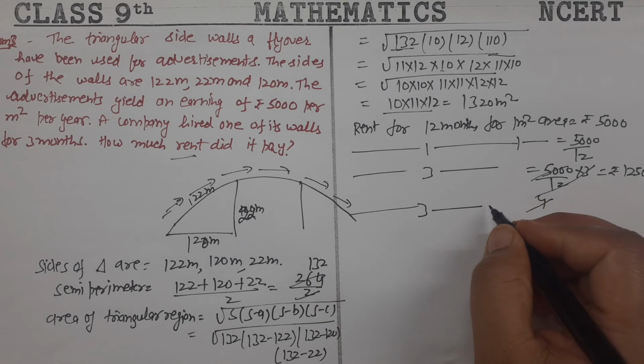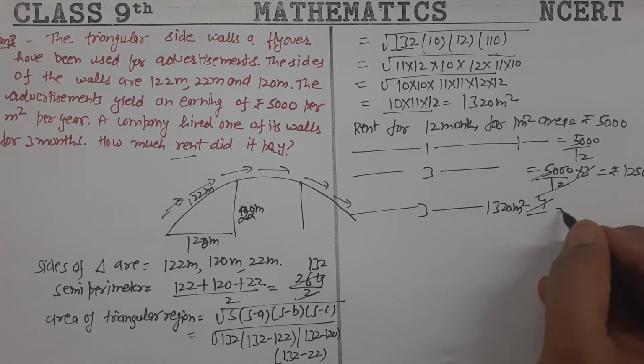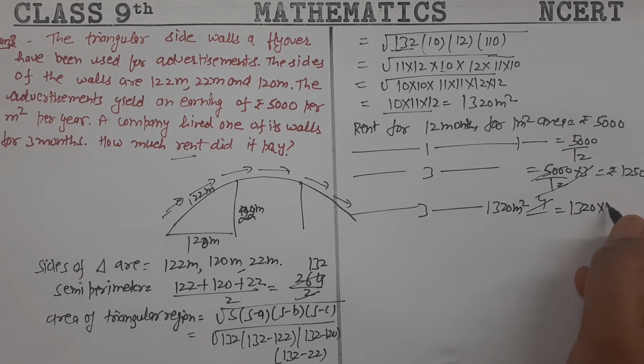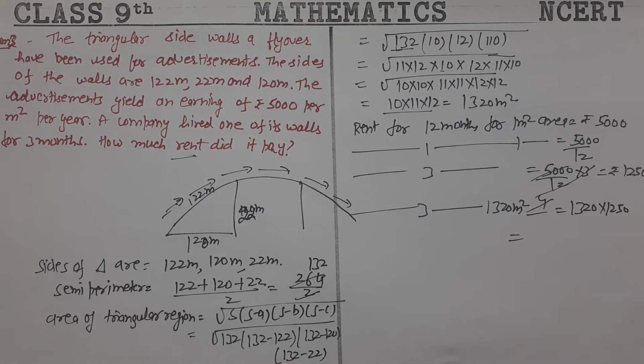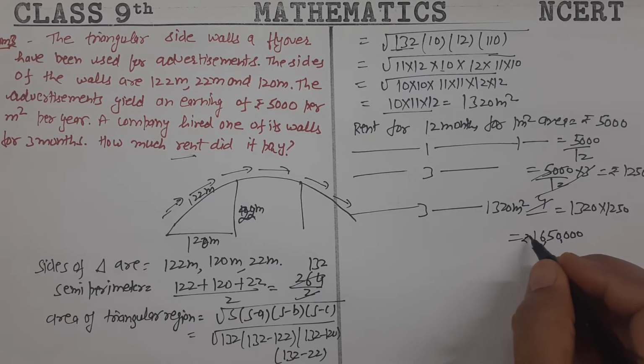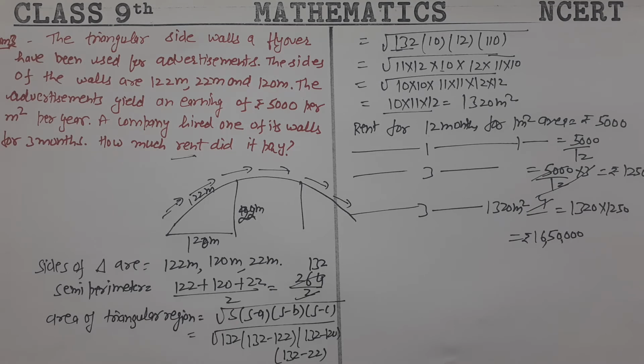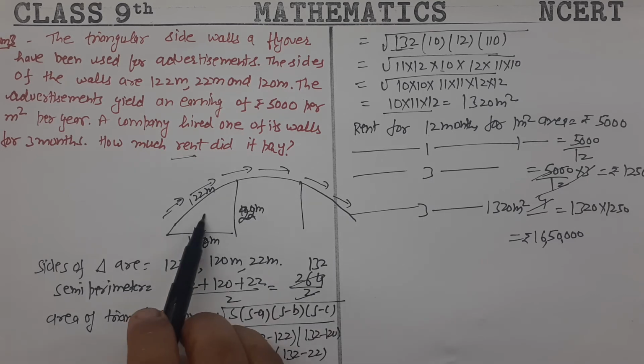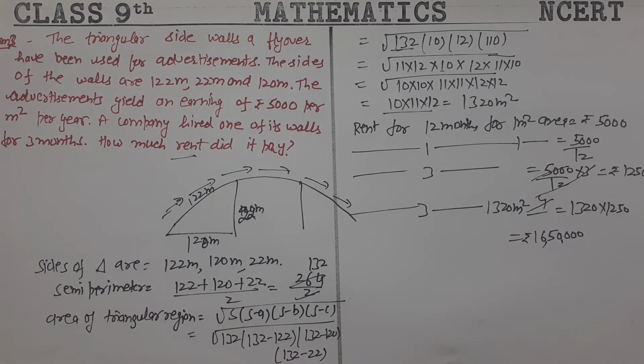Rent for 3 months for 1320 meter square area is, multiply. After the multiplication, we have 16,50,000 rupees only. The company which hired this wall will pay 16,50,000.